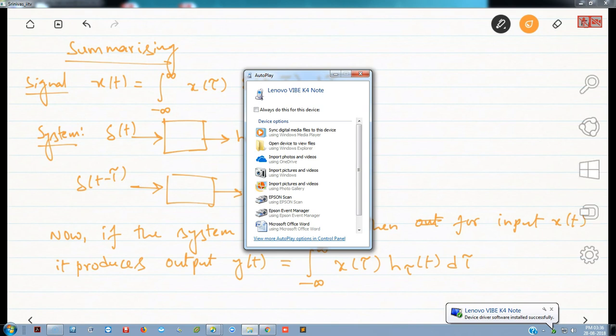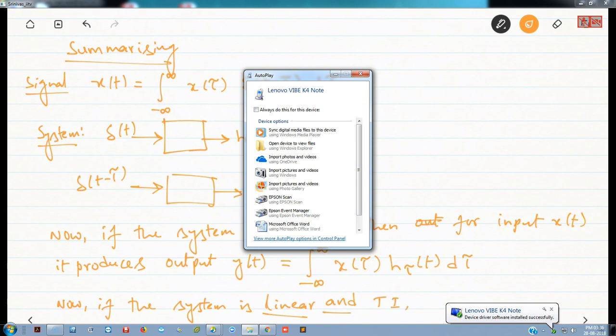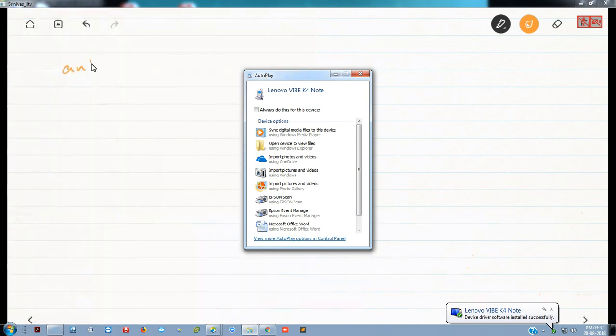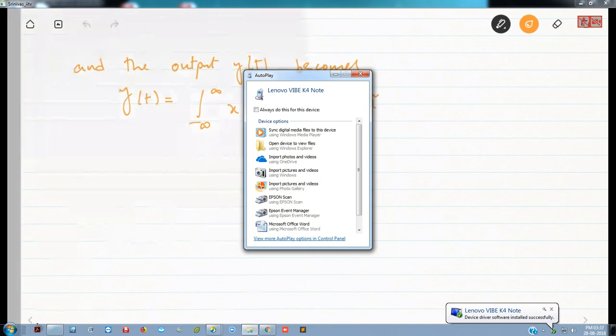Now, if the system is linear and time invariant, then h tau of t is equal to h of t minus tau, and the output y of t becomes the integral of x of tau, h of t minus tau, d tau.